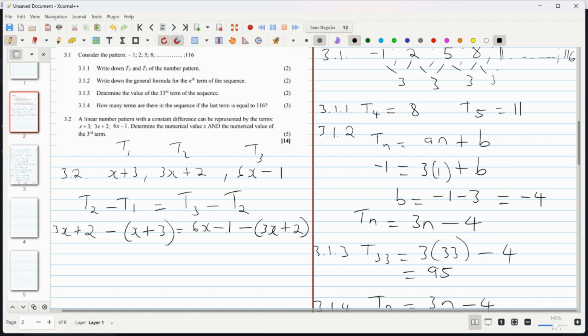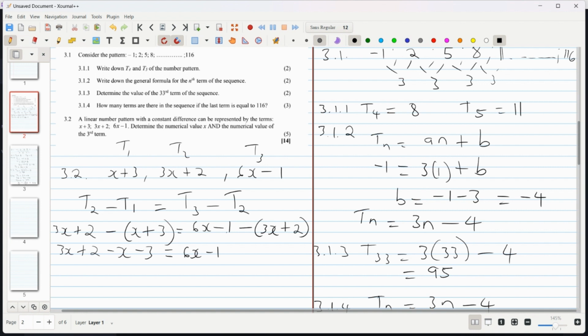Now you solve by grouping the like terms. We have a negative here, so let's get rid of the negative first. We'll have 3x plus 2, and then negative multiplied by x gives negative x, and negative multiplied by 3 gives negative 3, equals 6x minus 1.